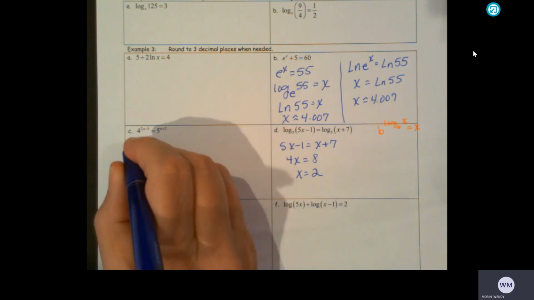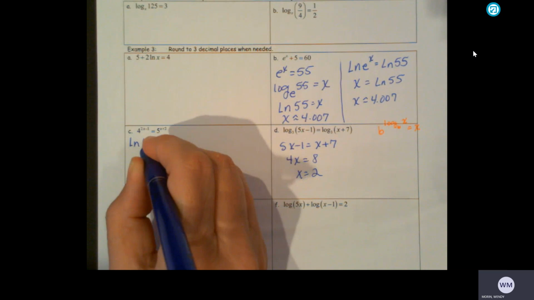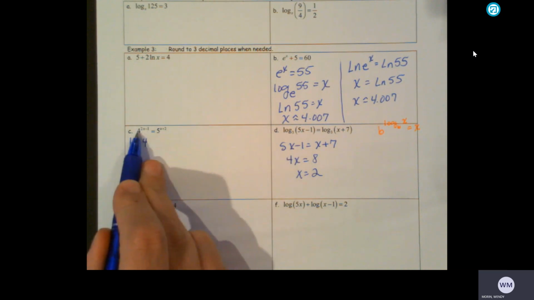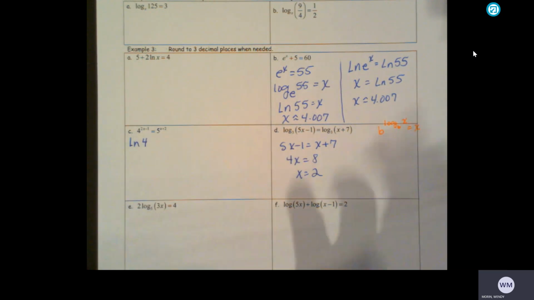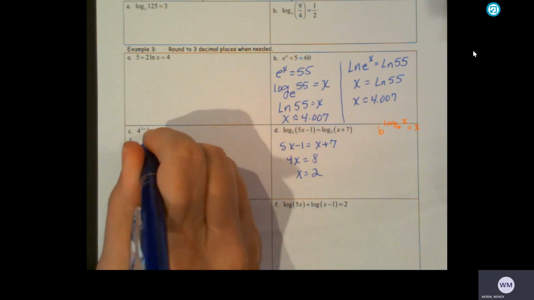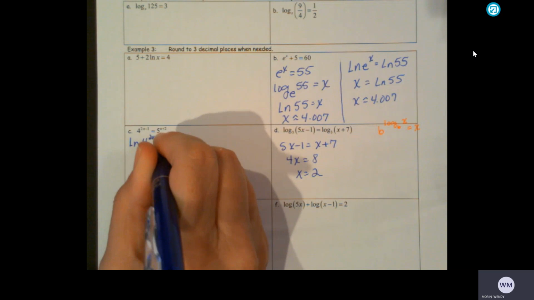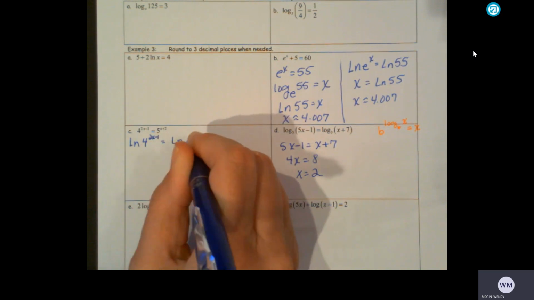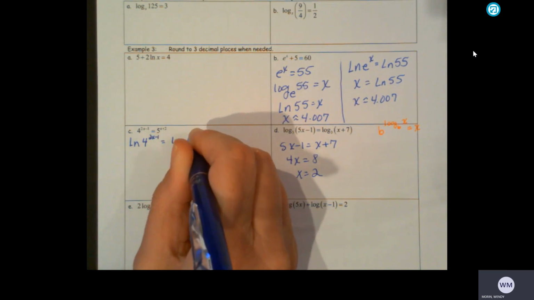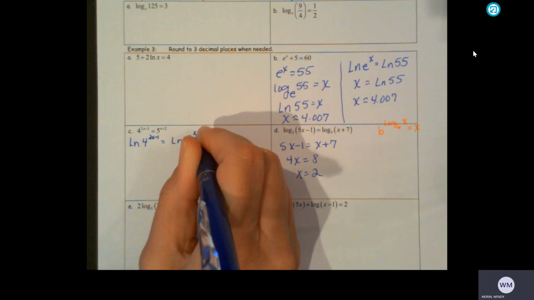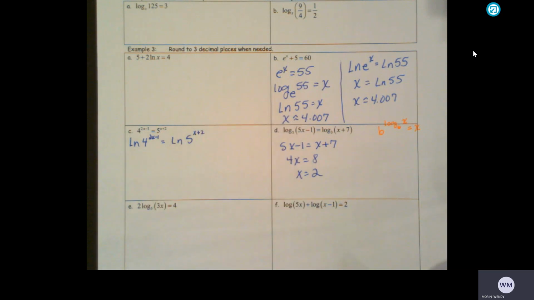I always use the ln. It's not base e, it's not base 10, so no one is better than the other, ln or log, your choice. The only reason I use ln is because we use it all the time in calculus, and it's one less letter than log. That's really the only reason.